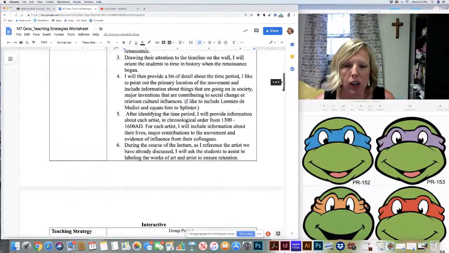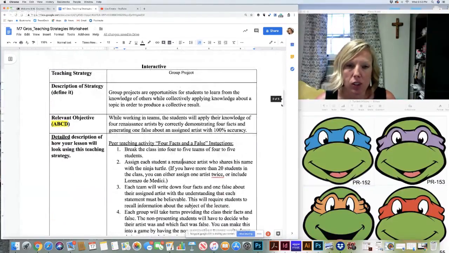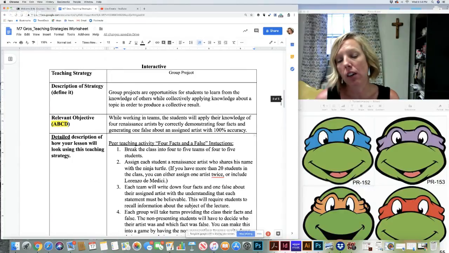So the next strategy that I'm going to do is under interactive, the group project. The information that they've already learned during the lecture section, the students will actually take this and play an activity. So the group project is in the form of an activity, but what they have to do is discover 4 facts and a false.